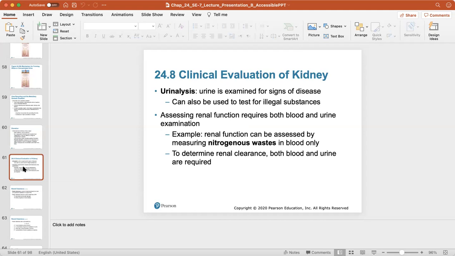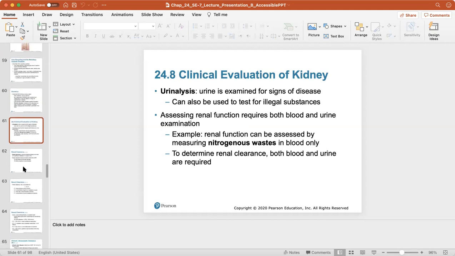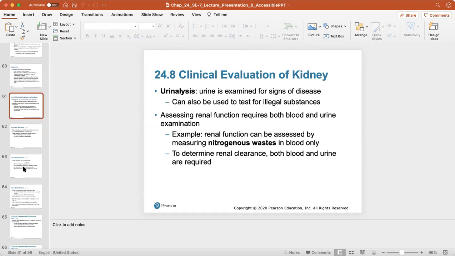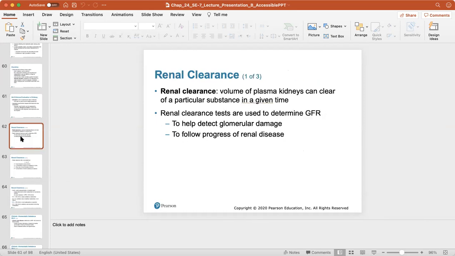Urinalysis is when urine is examined for signs of disease, and it can also be used to test for illegal substances. You'll be going over a urinalysis in your lab, and assessing renal function requires both blood and urine examination. So the example is renal function can be assessed by measuring the nitrogenous waste in the blood only, and to determine renal clearance, both blood and urine are required.